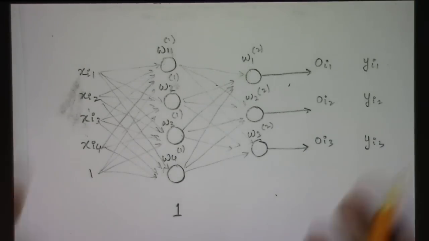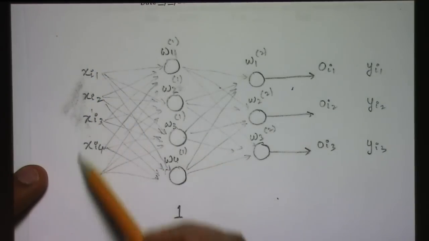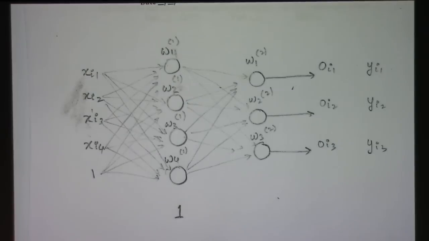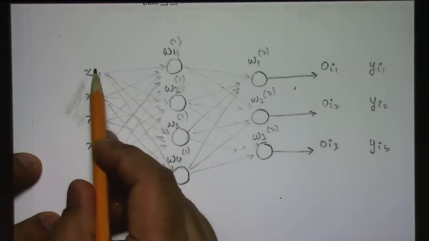Let's go with it. This is kind of like what we had there as well, our neural network. I changed some things. The first thing I changed was that, remember, you will not only have one training example, you'll have n training examples. I'm going to denote them by the subscript i.